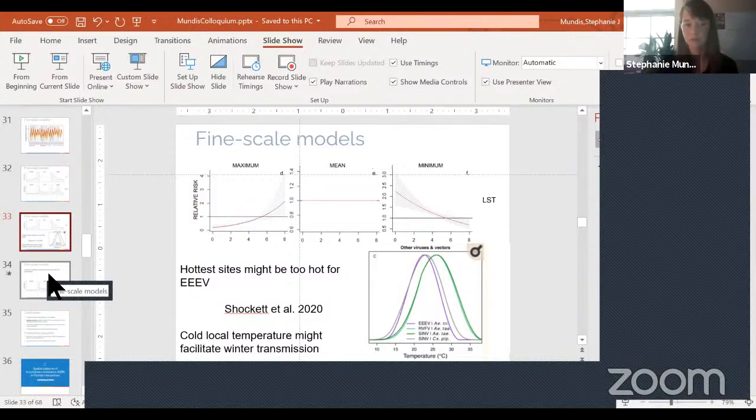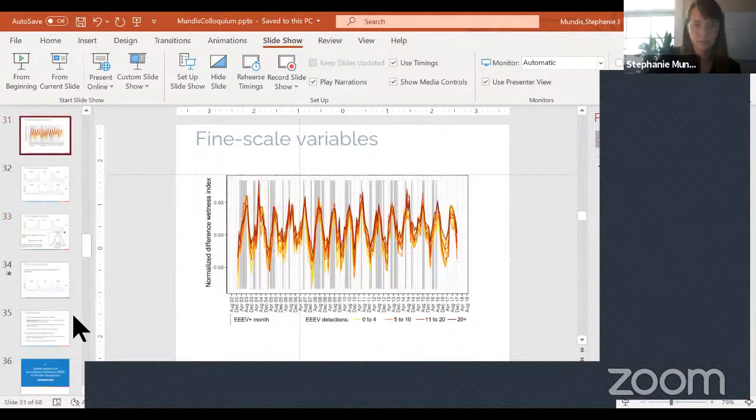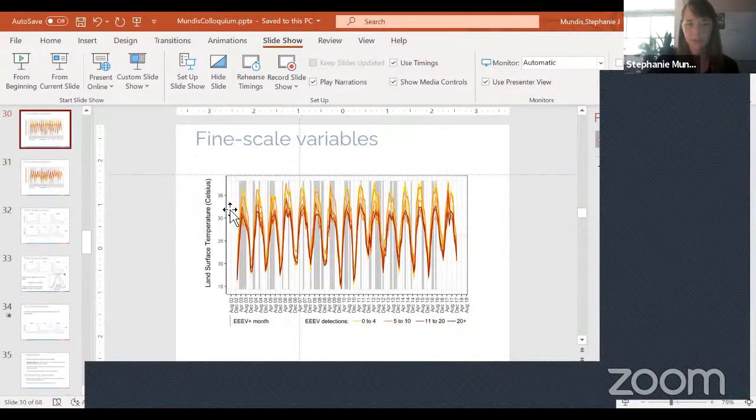So that was Bayesian modeling, and it was parameterized by lab studies and a wide variety of sources. But it seems like EEE really similarly has a hard thermal limit. Looking at the fine scale temperatures, it's about 30 degrees. So a lot of the sites were just going to be too hot for the extrinsic incubation of EEE to be occurring in the mosquitoes.